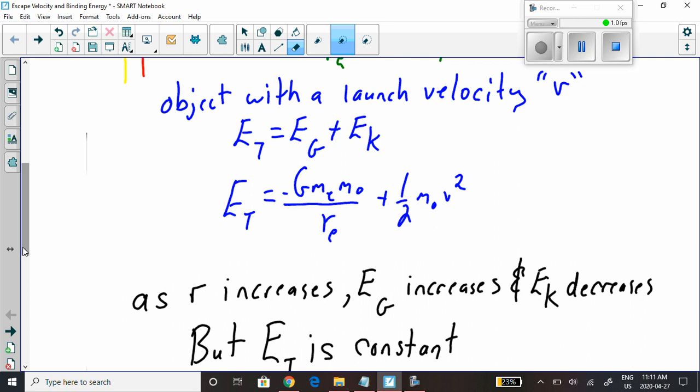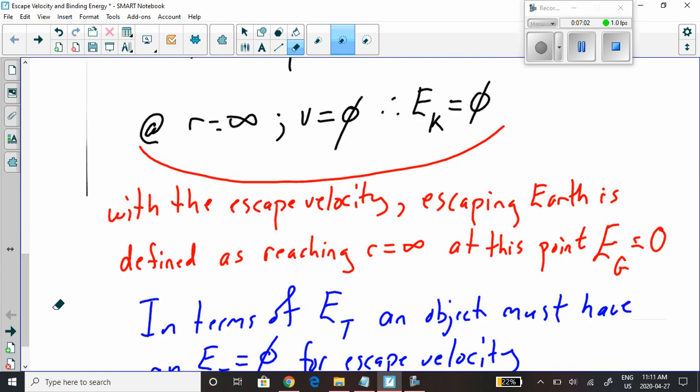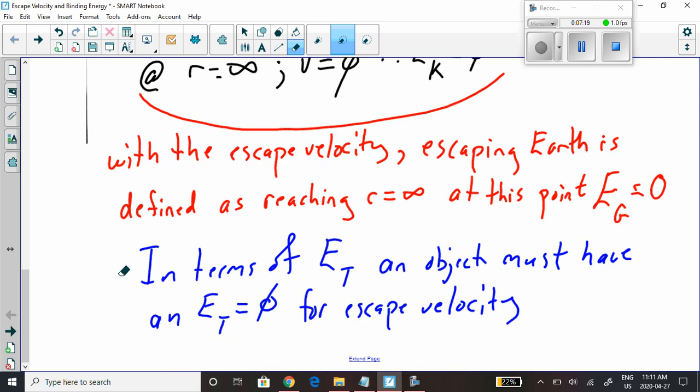So by definition, if you are shot off the surface of an object like the Earth, you're going to escape it. Escaping the Earth is defined as reaching infinity, and when you reach there, gravitational potential energy is zero. Thus, two things are occurring at infinity.